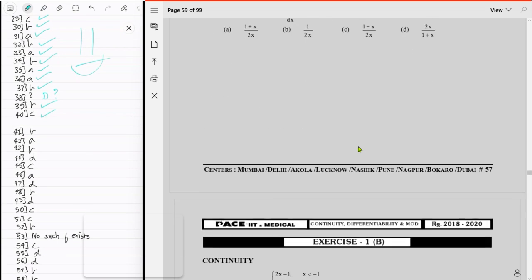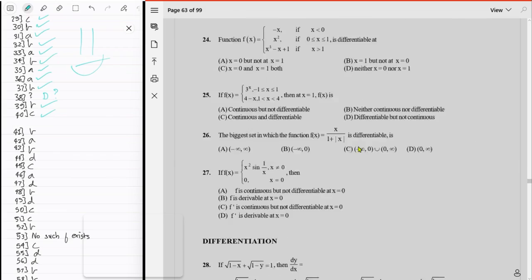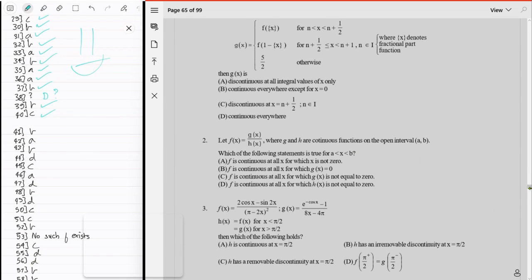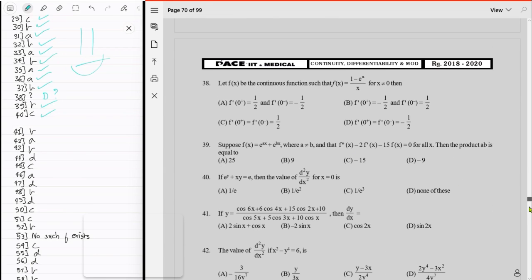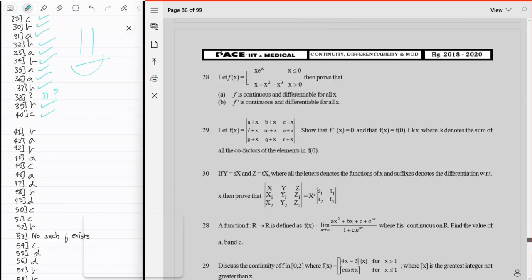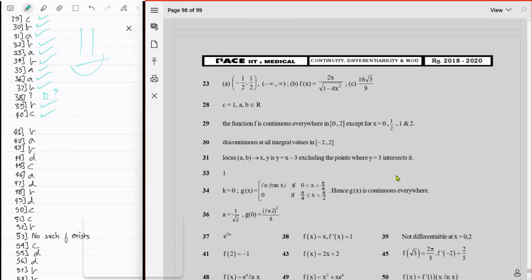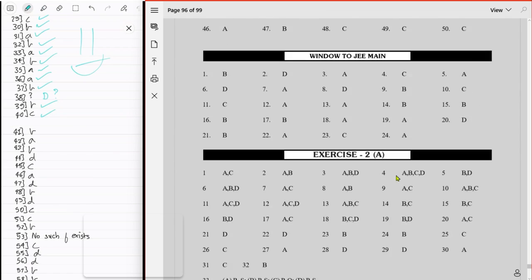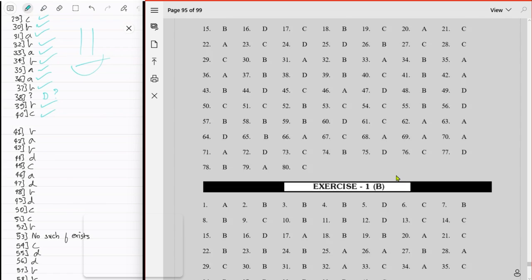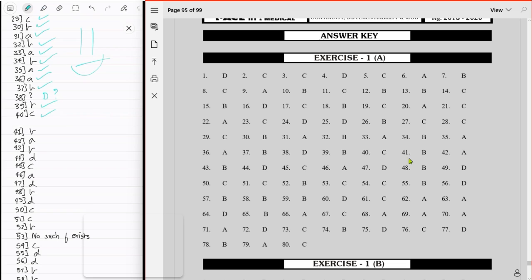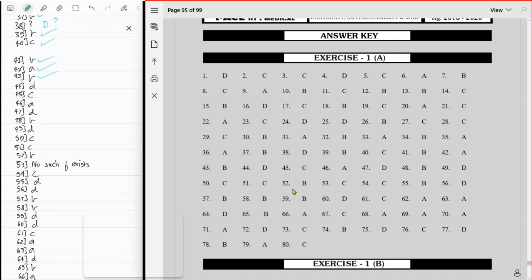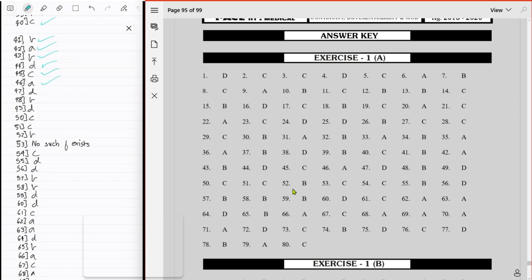So we want from 41. Wait, was that answer or something? Oh yeah, right. So 41, that is here. BAB. 44th. DCA. 7.